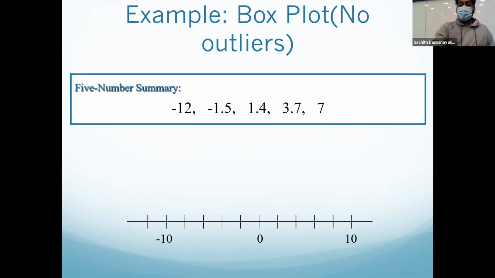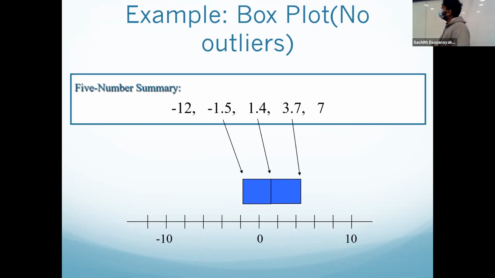This is my scale. I'm going to draw the box plot. So this is the box, which marks Q1, Q2, Q3. Order should be there: first Q1, Q2, Q3, then the minimum, and on the right-hand side the maximum.